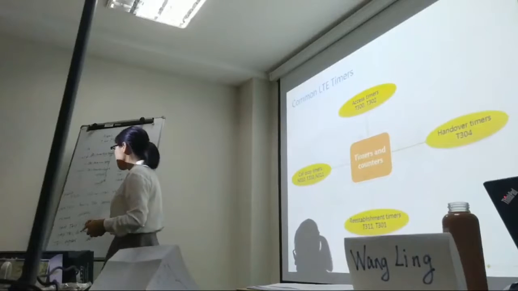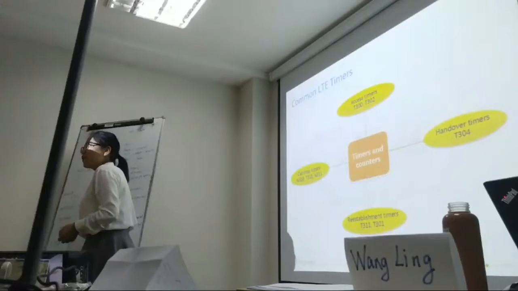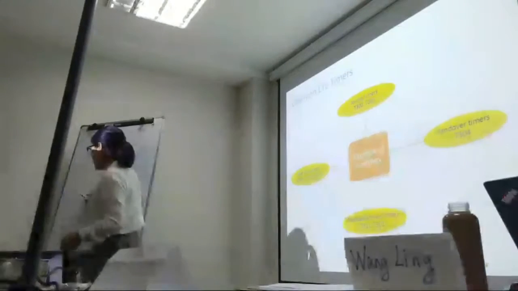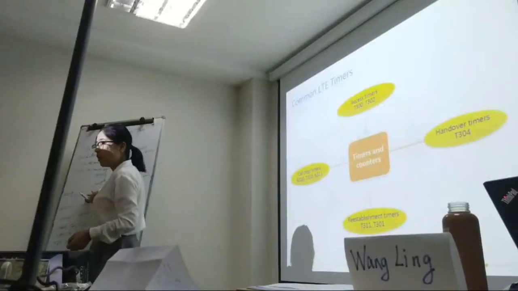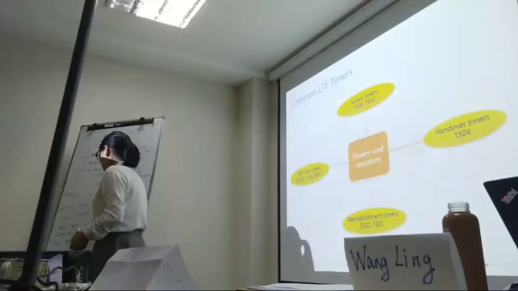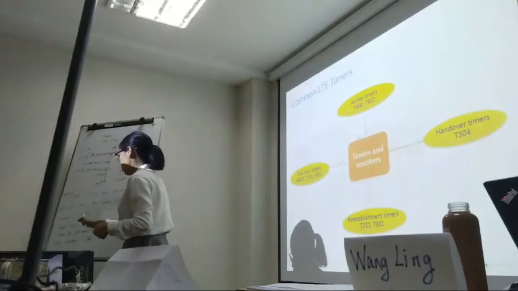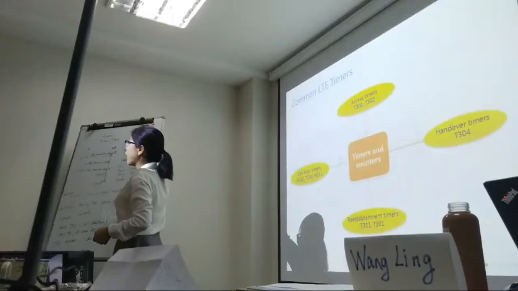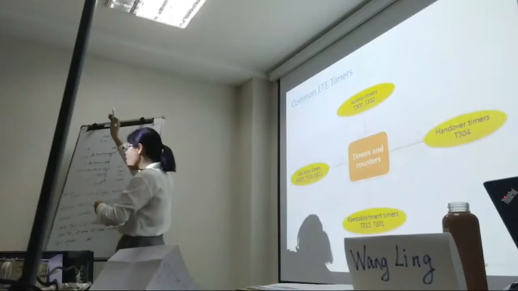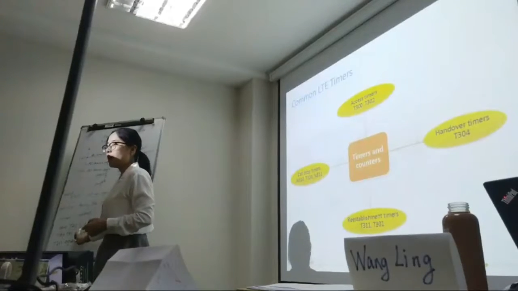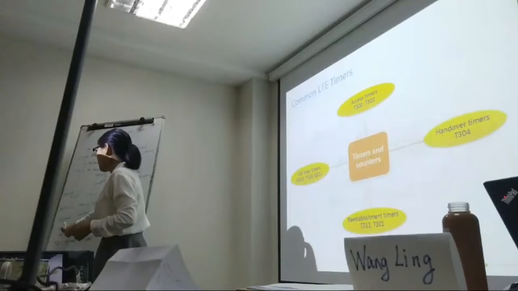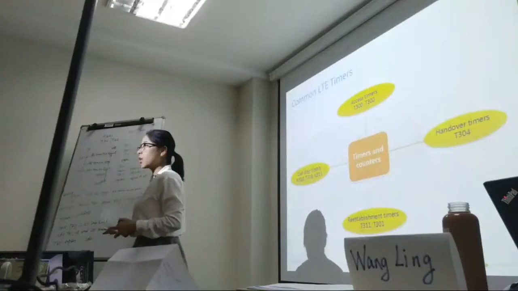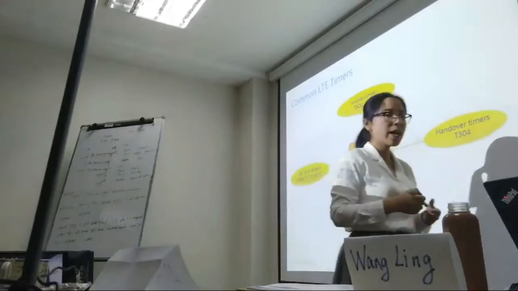So it will start T311. If it detects the link broken, it will start T311 to find a new cell to transmit the RRC re-establishment request. Also, if the handover fails, it also will trigger the re-establishment. So it will start T311, find a cell to transmit the re-establishment request. These are the timers.